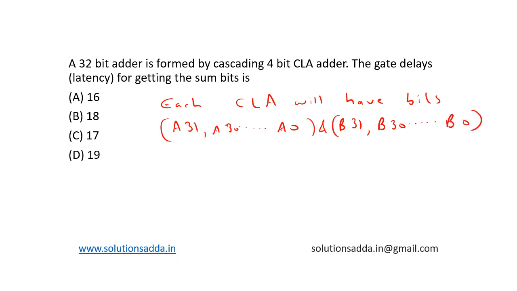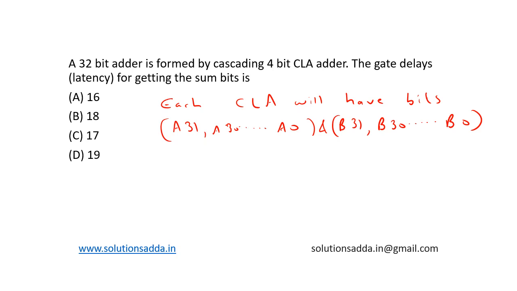So in the first cycle, each will compute the XOR operation on its 4 bits. Now after that, each carry look ahead adder will take 2 cycles to pass on the carry out information to the next carry look ahead adder, and then at the end one more cycle is needed to get the sum output from the 8th carry look ahead adder.